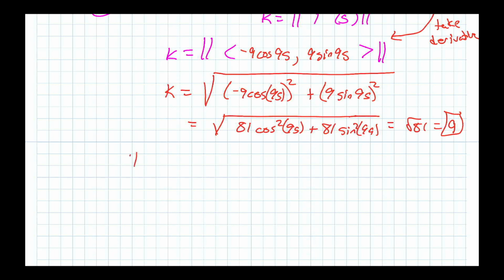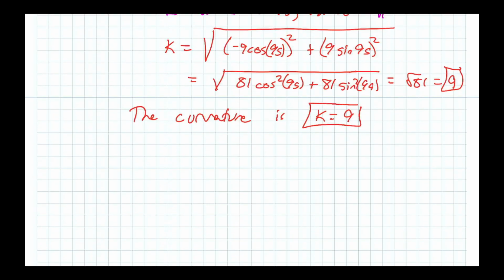So the curvature is kappa equals 9. And it's a constant, by the way. Normally it's a function, right? It could be a function of s.